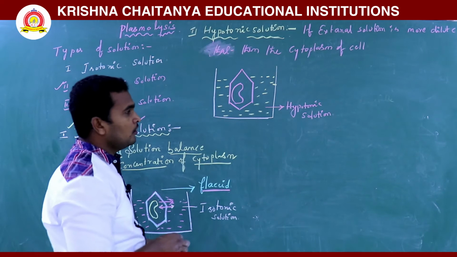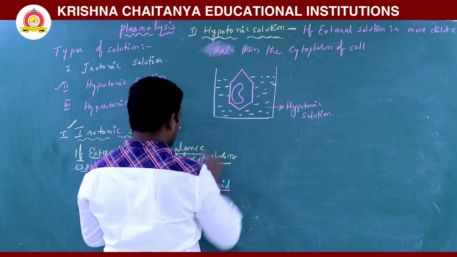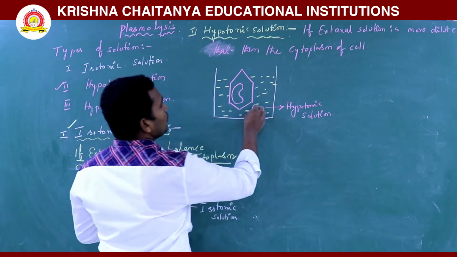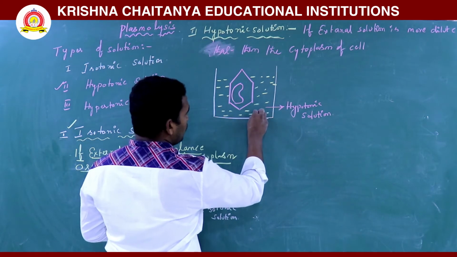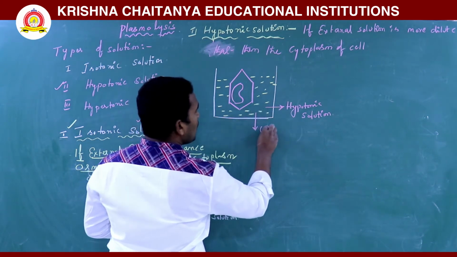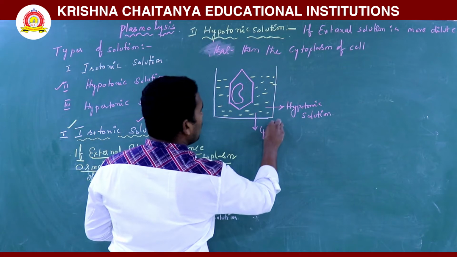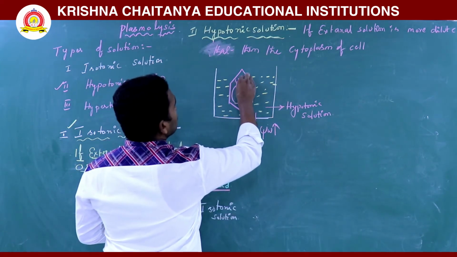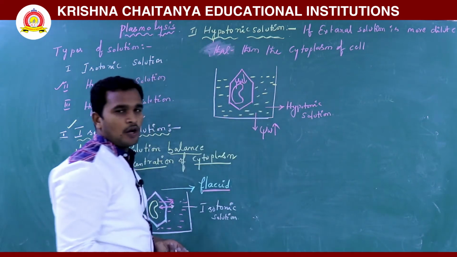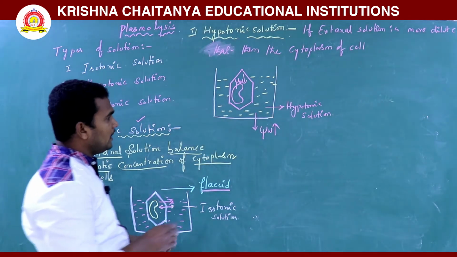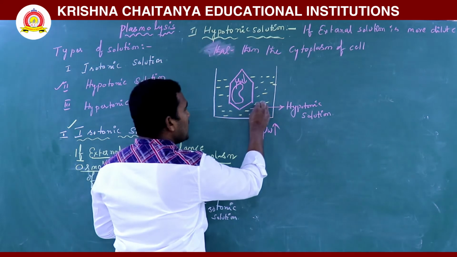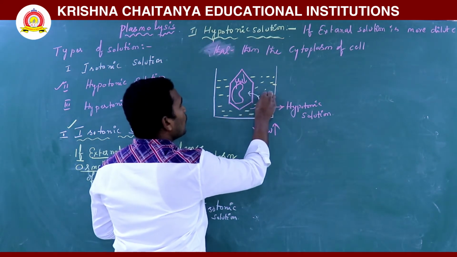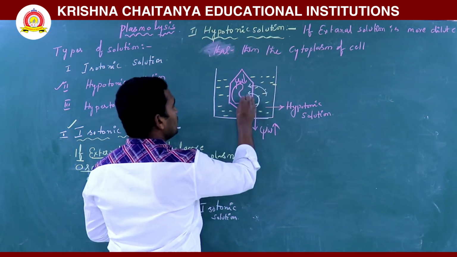So here, where is the water moving? Water concentration is higher in this beaker, with high water potential, and the cell has lower water potential. So now what happened? Water moves from high concentration to low concentration.